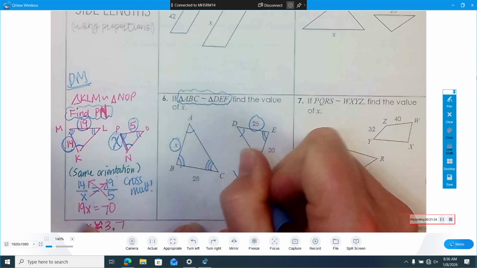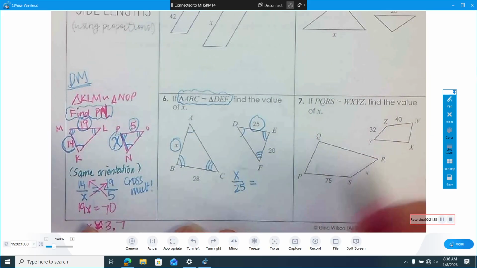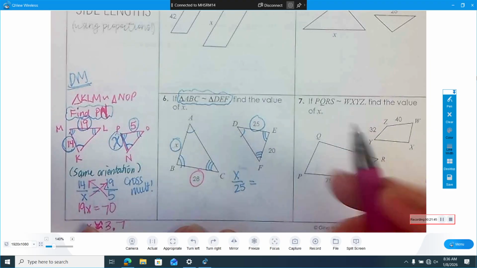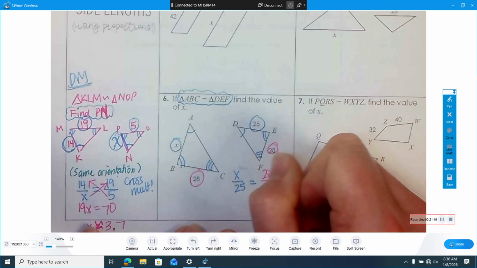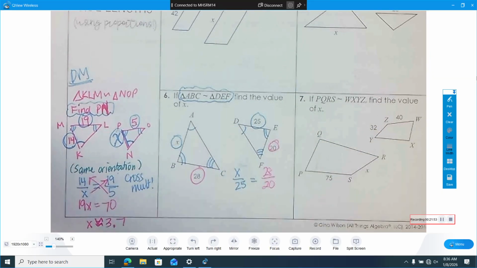Very good. So I can write X over 25 is equal to, again, I started over here on the left triangle, so I need to use my left triangle again. So 28 corresponds with 20. So 28 over 20. So you'll notice I did left to right and left to right as I set up my proportion. It's really, really important.